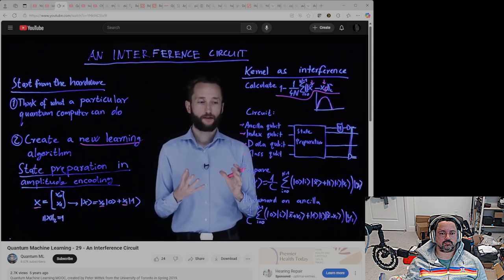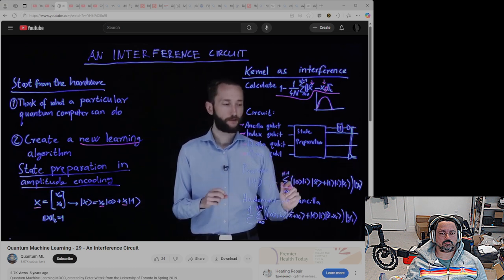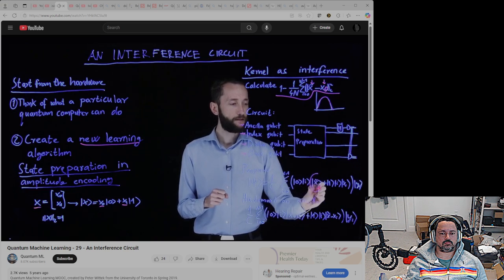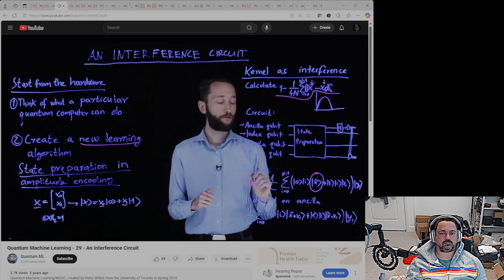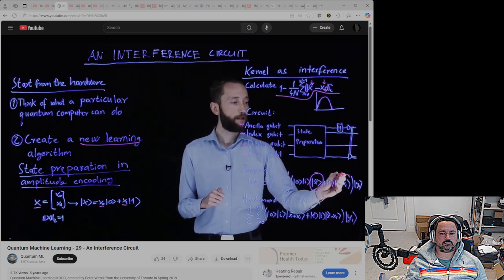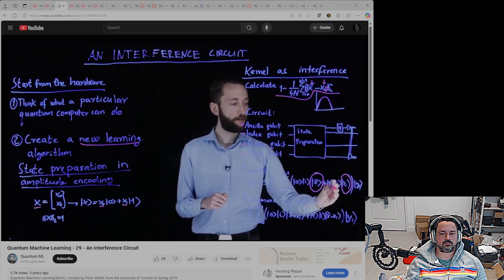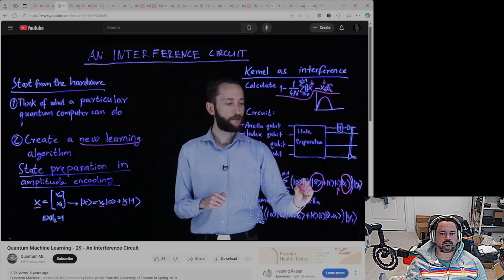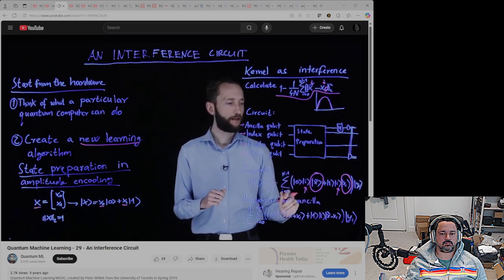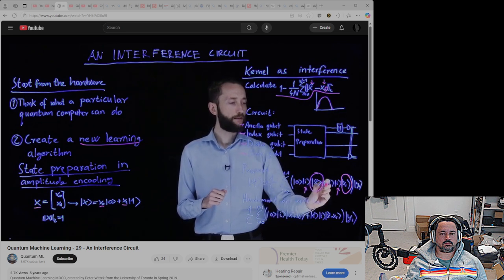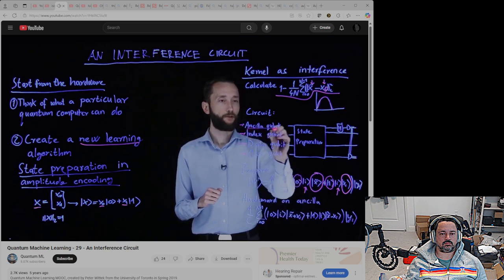And the protocol is very, very simple. First, you have to prepare a state. The state looks a bit strange. So this is our amplitude encoded test instance, the one for which we want to calculate the kernel. And here we have our amplitude encoded data instances. Here's our index register, for bookkeeping. Note that these are tensor product states, so these things are not really entangled here. And then we have the ancilla qubit.